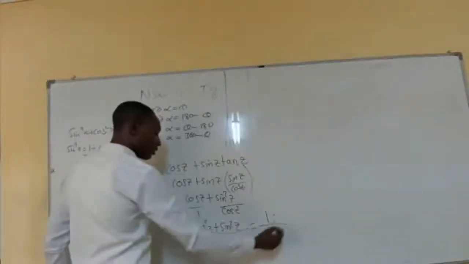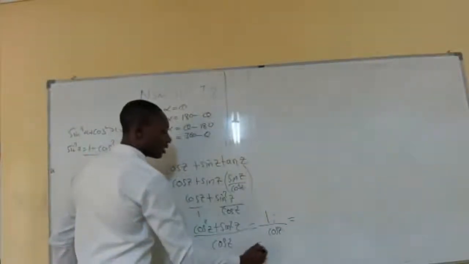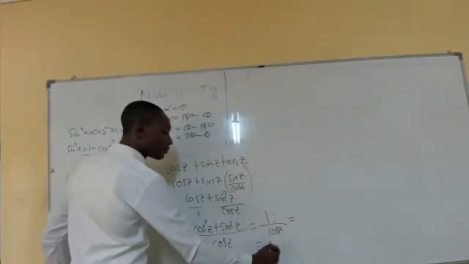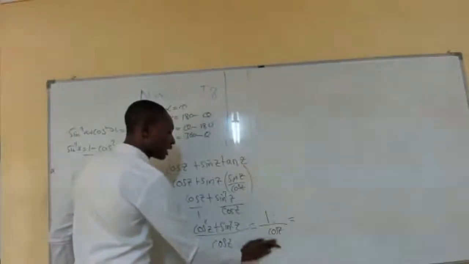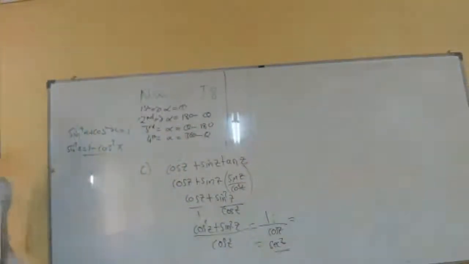So we have 1 over cos z, which is equal to sec z. Okay, so that is your answer, sec z.